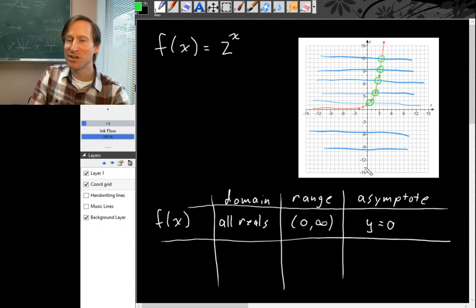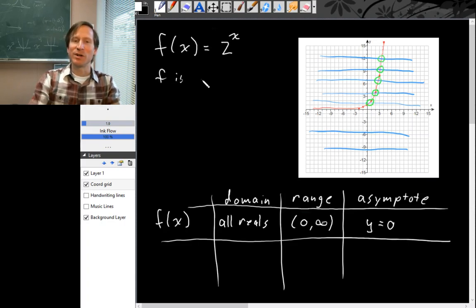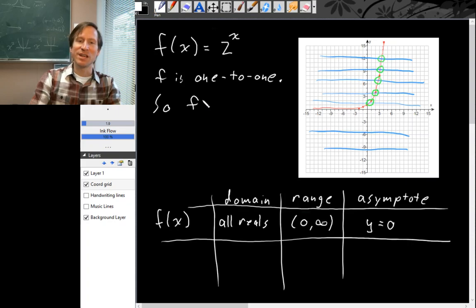The horizontal lines below the x-axis don't cross the graph of the function at all, but all of the other lines cross at most once. And that means that f is one-to-one. And as we saw earlier, any function that is one-to-one has an inverse. So the inverse function, f inverse, exists.